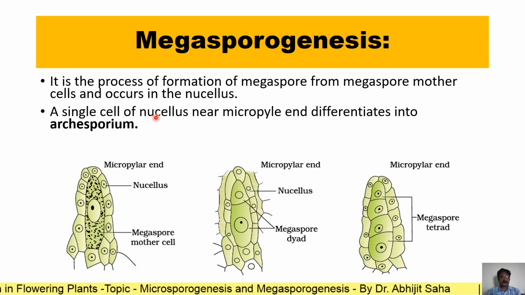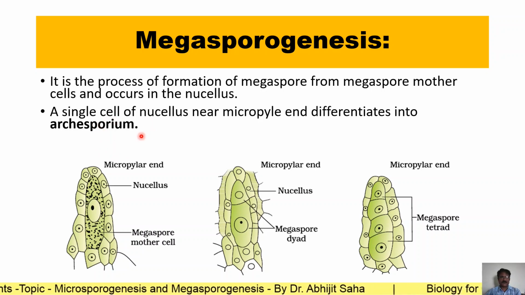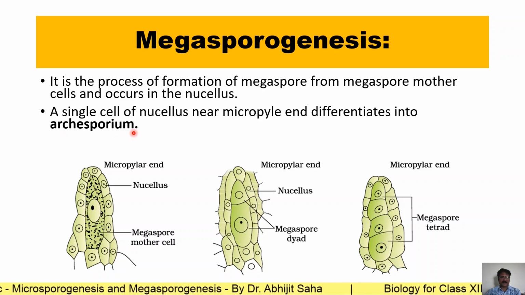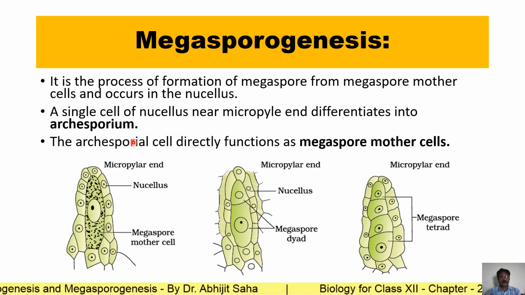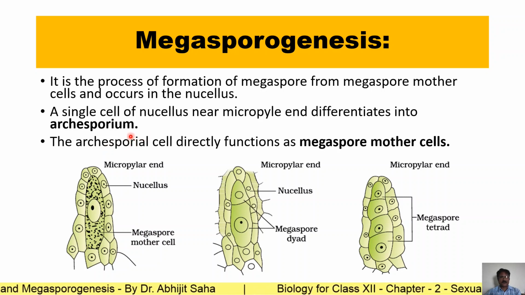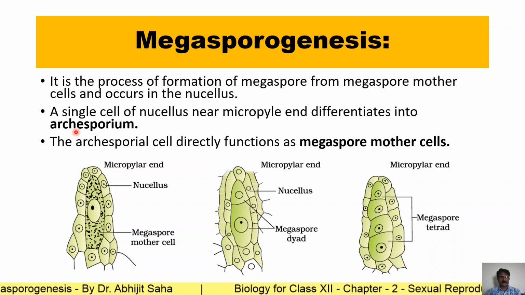From the nucellus, instead of four like in the previous case, here only one cell of the nucellus becomes differentiated and is known as the archisporium or archisporial cell. These archisporial cells do not divide as in microsporogenesis, where they are supposed to produce a large number of pollen grains.